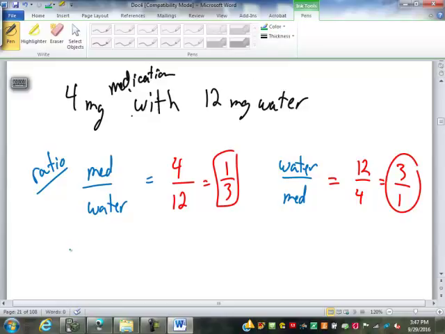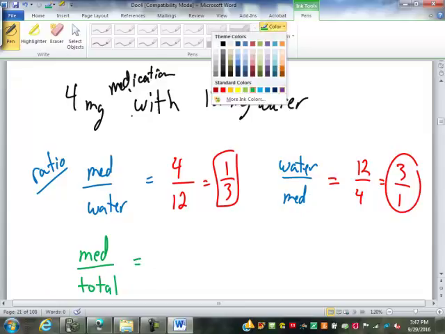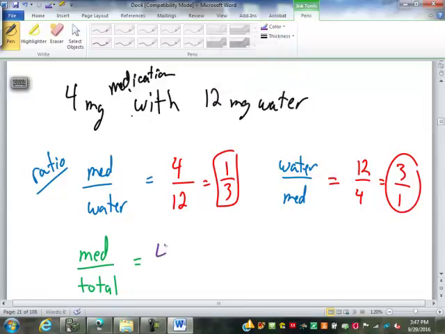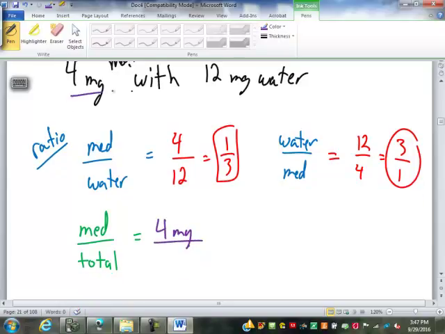I could then do the ratio of medication to the total amount of that solution. How much medication is there? 4 milligrams. The total amount is going to be 4 plus 12 milligrams, or 16 milligrams.